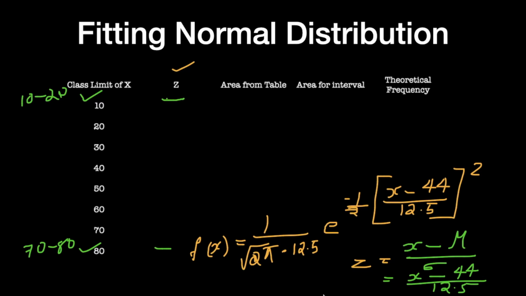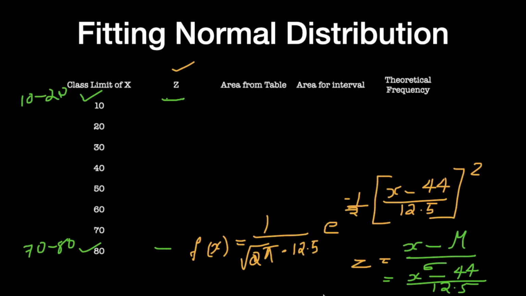So actually we will be calculating the standard normal variate Z from the second value in the table. The second given value is 20, so for 20, we will be calculating the standard normal variate.